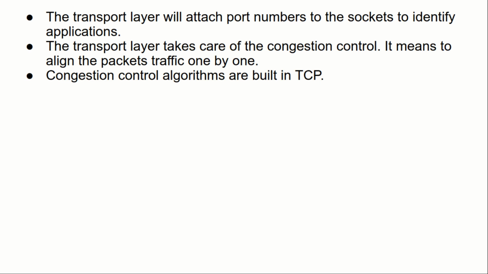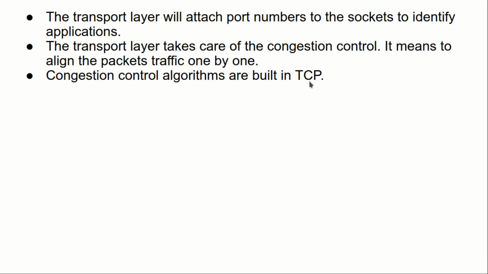So the traffic police will come, and he will align all the cars one by one to pass. In this way the transport layer works as a traffic police. It will align the packets that are mixed up together to be transferred one by one. Congestion control algorithms are built in TCP.